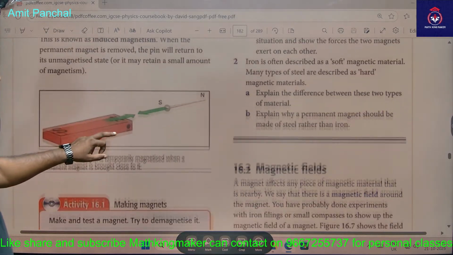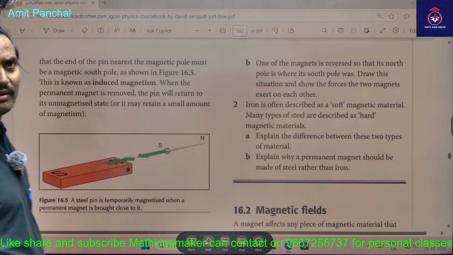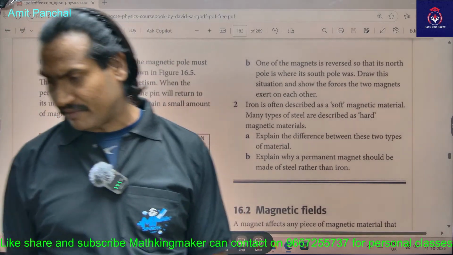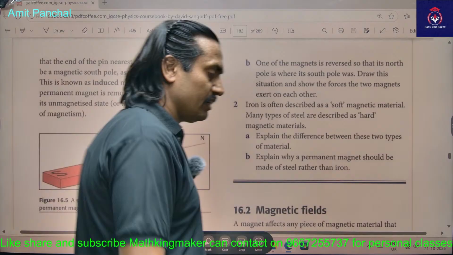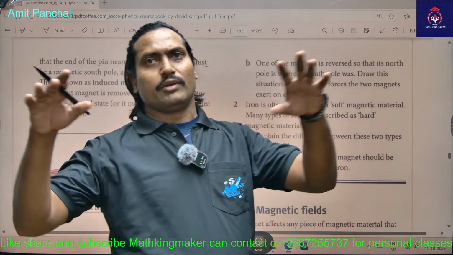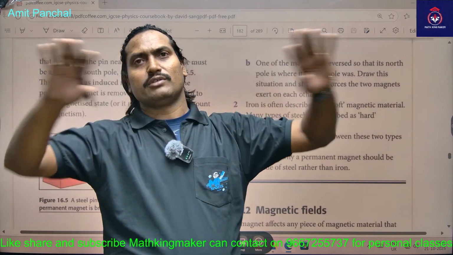Now what about the magnetic field? We heard about this magnetic field again and again. What is a magnetic field? It's like a force which affects any magnet within the area. Basically it is a force, we can't see it. It's an area in which that force is applied.